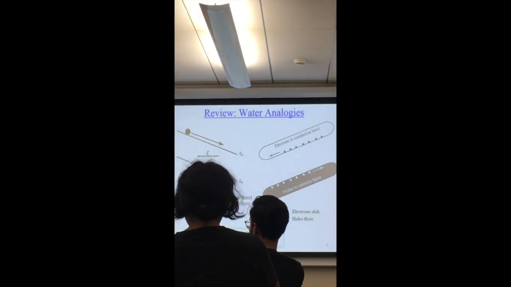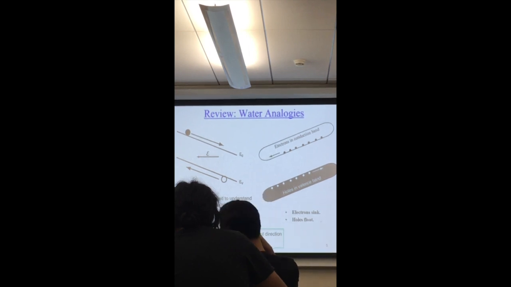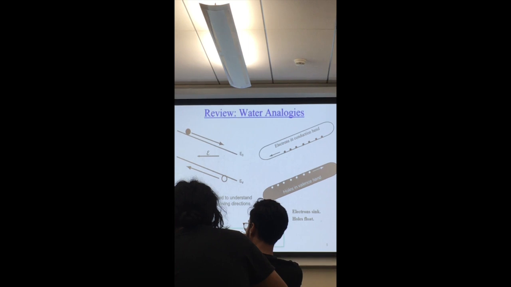We can also use this water analogy to understand the electric field direction. The electric field direction or the drift current direction will be the same as the hole moving direction.